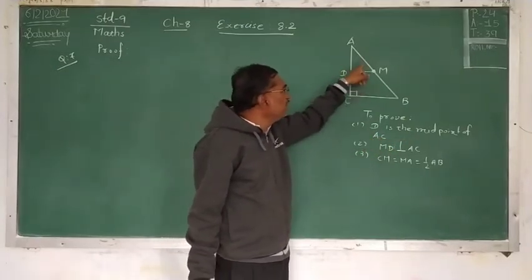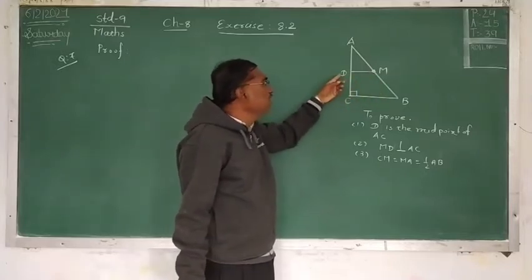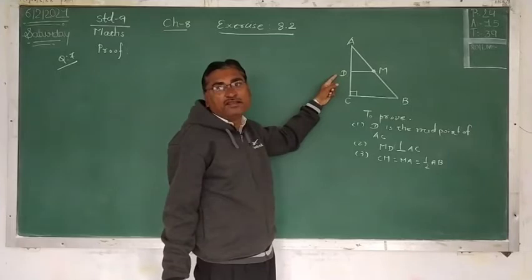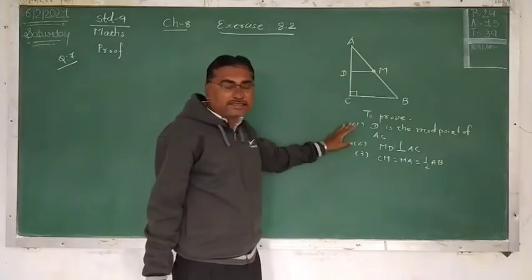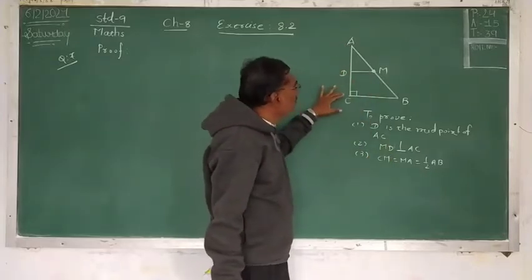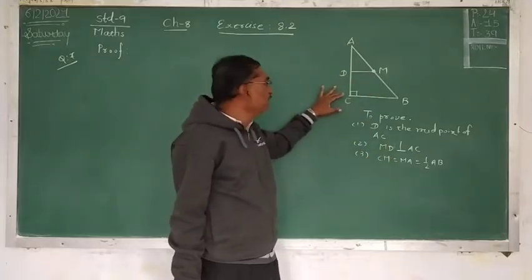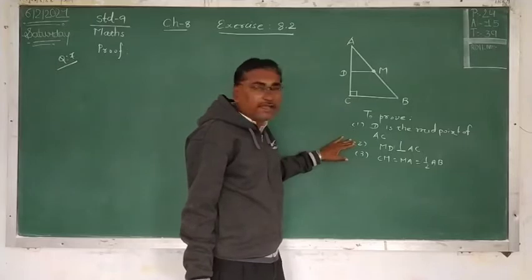We know that M is the midpoint of AB, but we have to prove D is the midpoint of AC. First result. Second, MD is perpendicular to AC. This result is second.